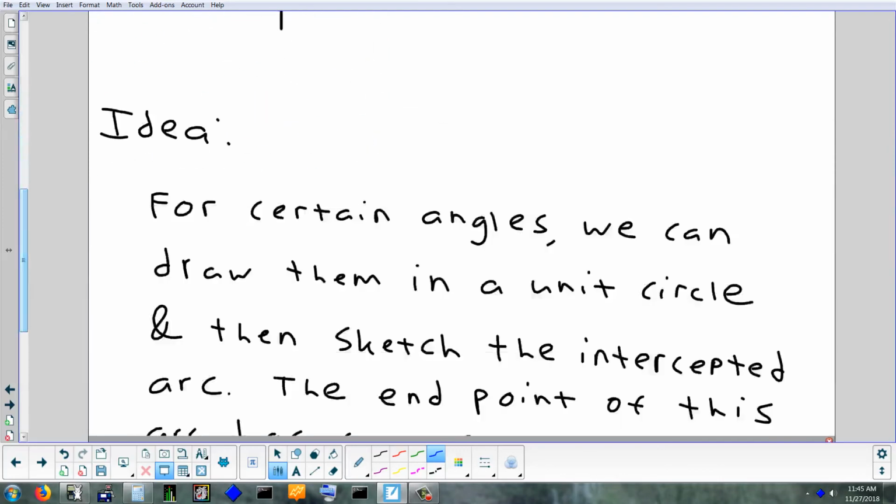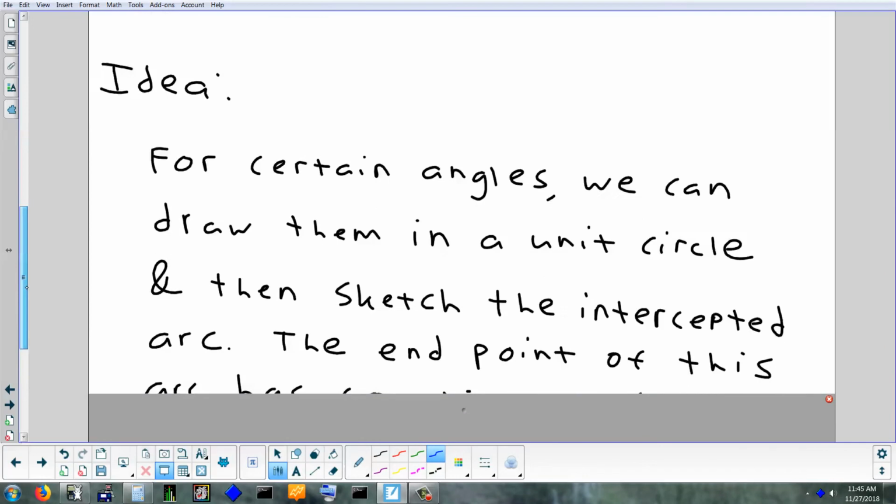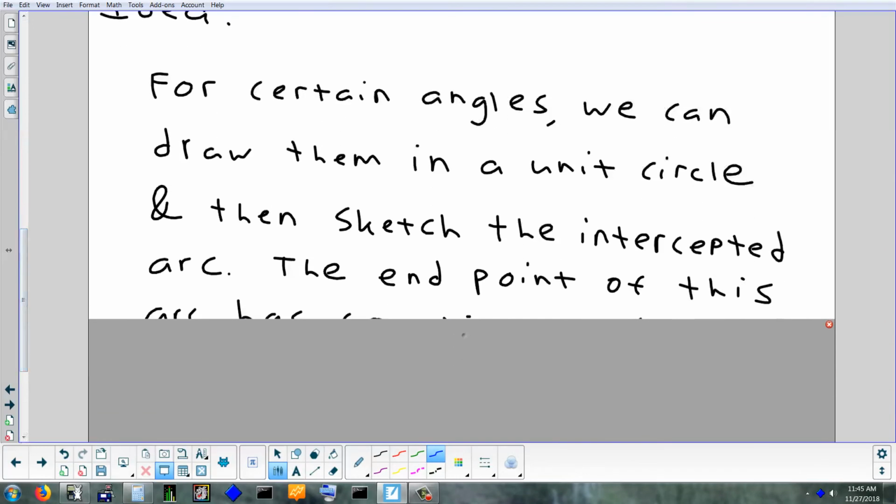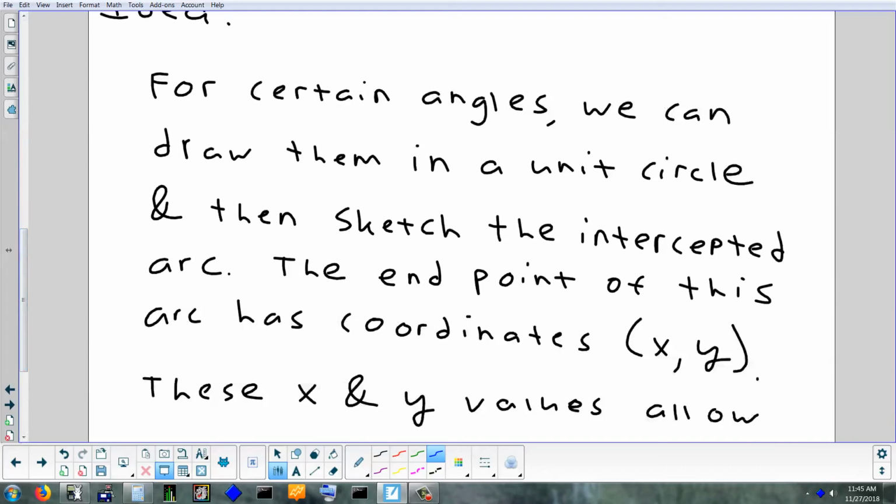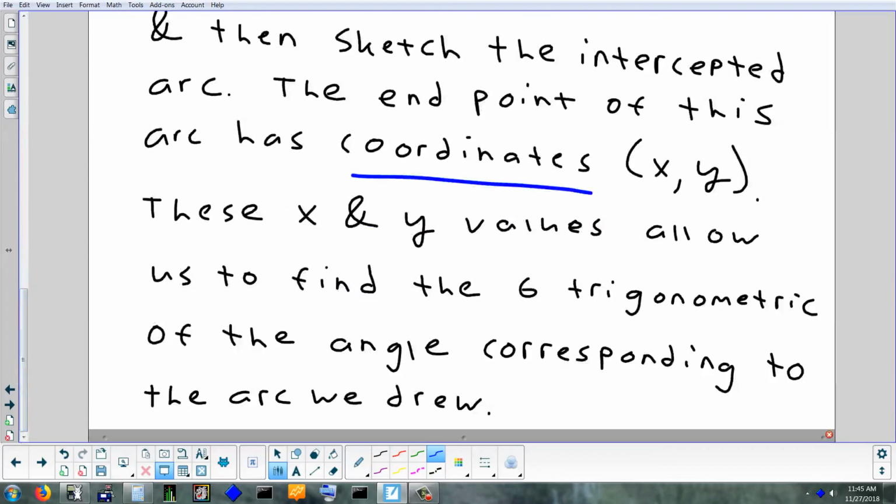I think this is what I just said. You don't have to write this. So when I say certain angles, I mean multiples of 30 and 45. And the whole goal is to find the coordinate. Once you have the coordinate, that part's kind of important.